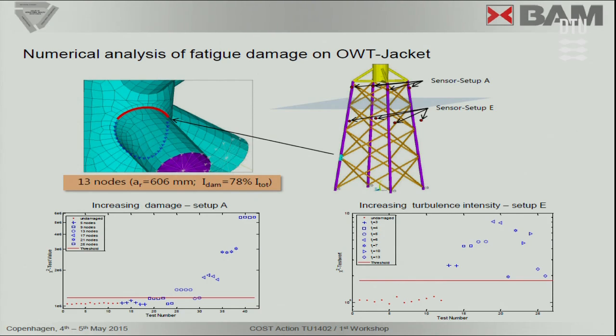The other diagram on the right side is where we kept the number of nodes, or the damage, the same, but changed the wind. With an increasing turbulence intensity we use this method, and as you can see, it's growing up to a certain wind, and then the result is not reliable anymore.